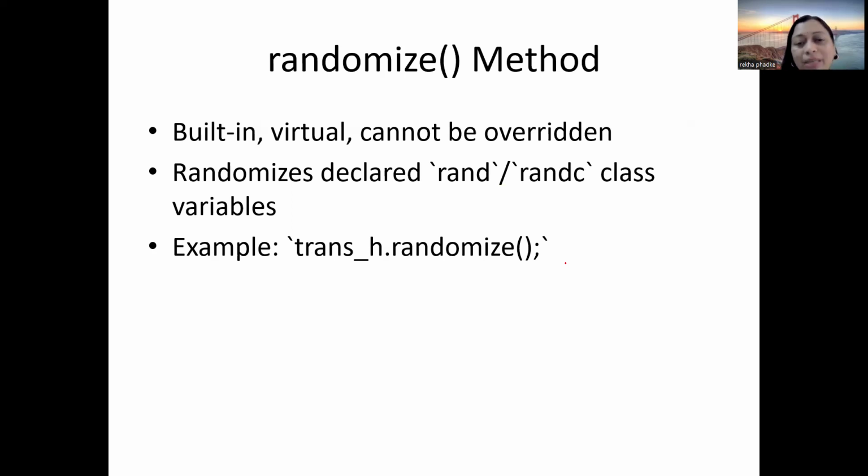To generate values, you have to call the randomize function on the object of the class inside which these variables are declared. We can use rand and randc whenever the variables are inside a class, so they are class variables. Then only can you use rand and randc with the randomize function. That's the combination you have to remember.